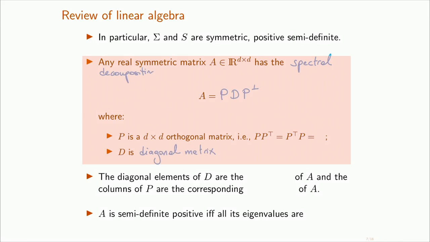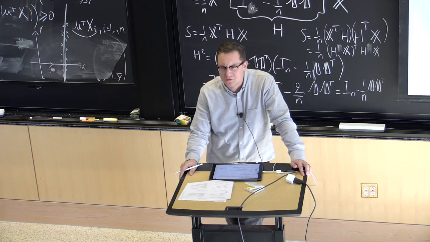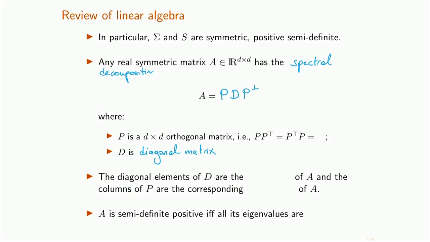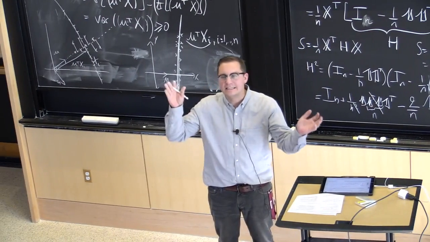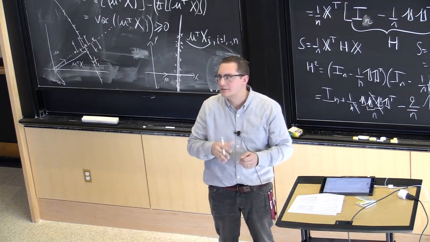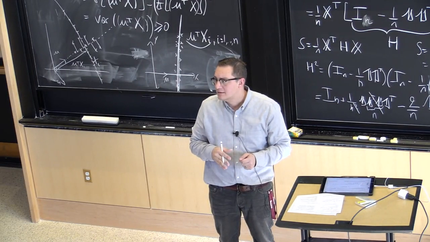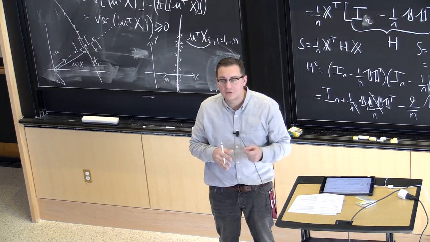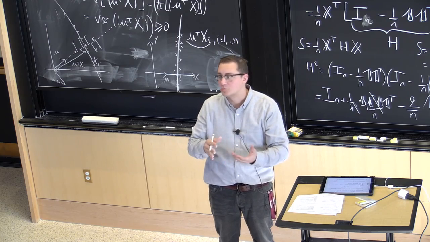Okay? Anybody remembers what it means to be an orthogonal matrix? Yeah, so P times P transpose is equal to P transpose times P, and it's equal to the identity. Okay? So what does it mean? When you look at P transpose times P, what you really are looking at is the inner products between the columns of P. And so that means that if you get 1 on the diagonal, it means that the length is 1.